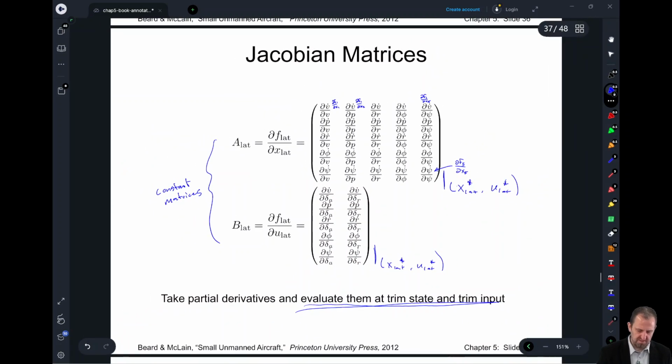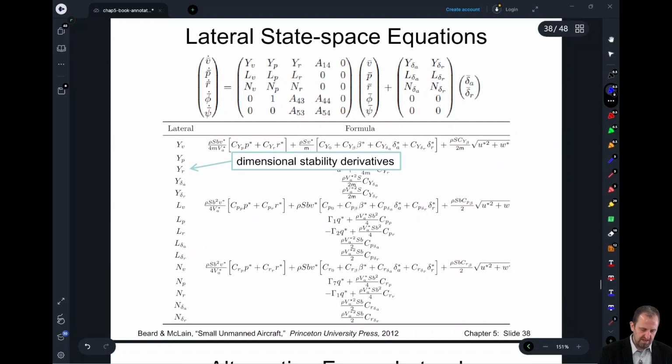So we take the partial derivatives and evaluate them at the trim state and trim input. Excellent. So then we end up getting this nice form where this is again our A, this is our x bar, this is our B, and this is our u bar. Okay, so we're evaluating everything appropriately, and the book has already derived all of the individual block matrix components, right? So if we just chose one, L_p is right there.